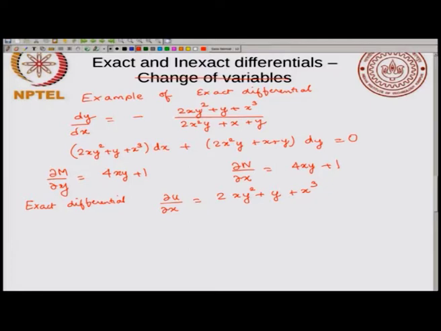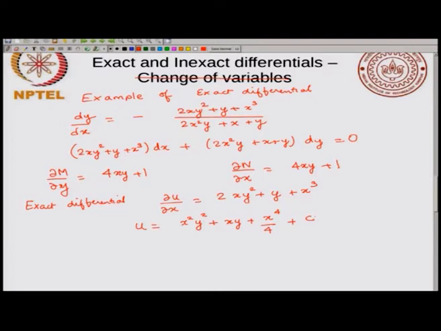Now, if I integrate the right hand side with respect to x, remember when you do ∂u/∂x, you are keeping y fixed. So this integration is very straightforward. You will immediately say that u is equal to x²y² plus xy plus x⁴/4 plus constant.